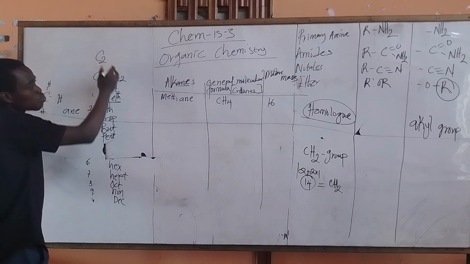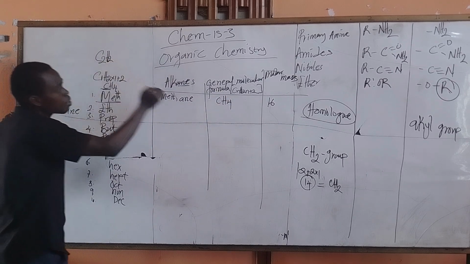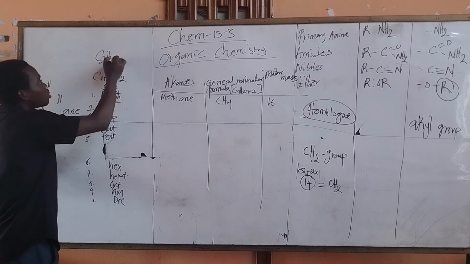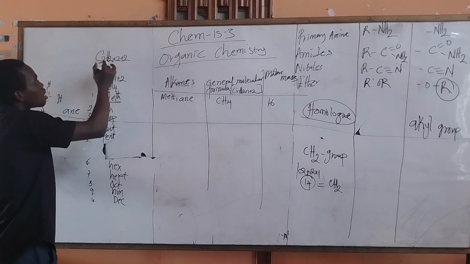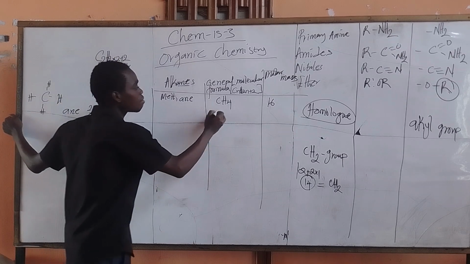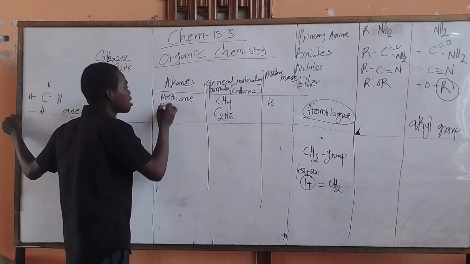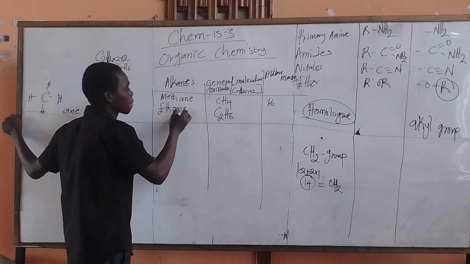So, I'll have C2, H2 times 2 plus 2. I'm going to have C2, 2 times 2 is 4 plus 2, 6. So I'll have C2H6, this is ethane.